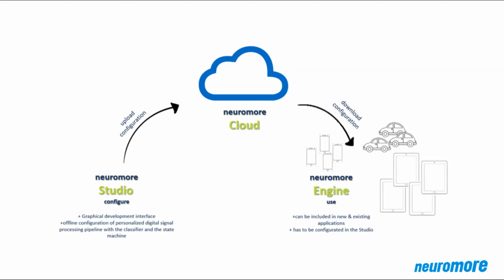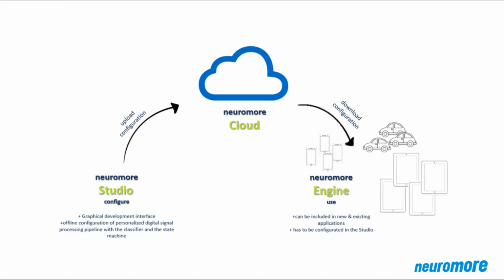And the neuromore engine, you can see it as kind of like the player. So you can look at the neuromore studio as the production environment. Like in a music studio, the neuromore studio is like the music studio where the artists sit and mix it. Then there's a cloud, and the engine enables mass distribution.